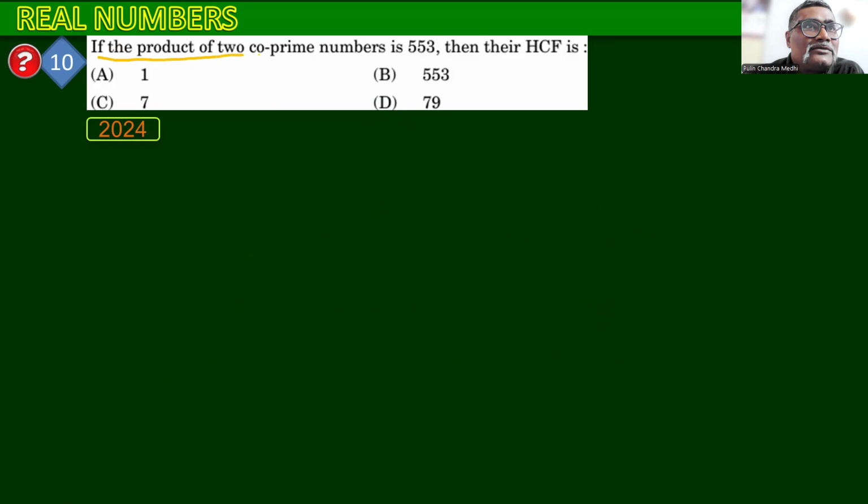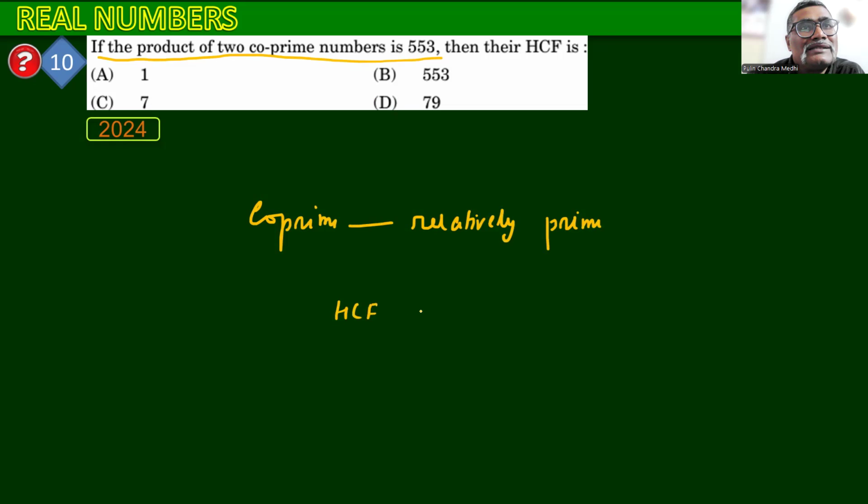Okay, if the product of two co-prime numbers is 553, co-prime. Co-prime is a new word which I did not explain there, but in your class you know this. Co-prime means I can use one more word, relatively prime. Relatively prime means those two numbers' HCF is 1.